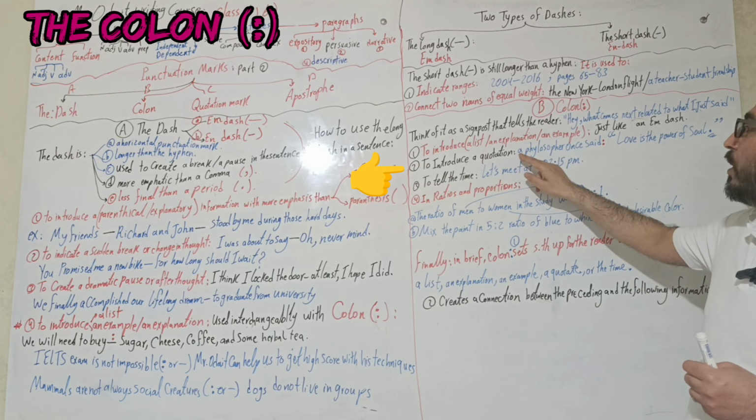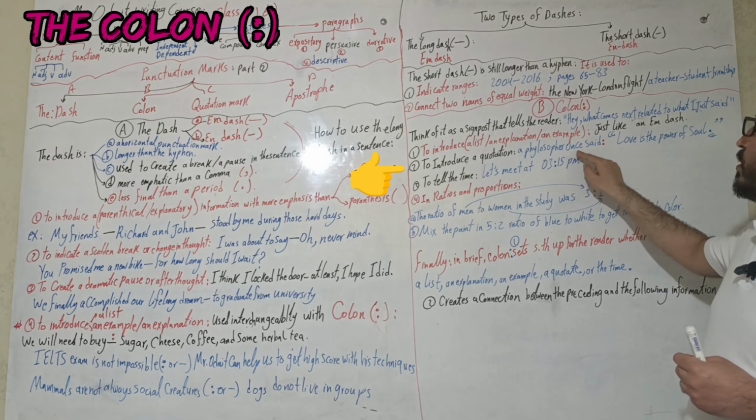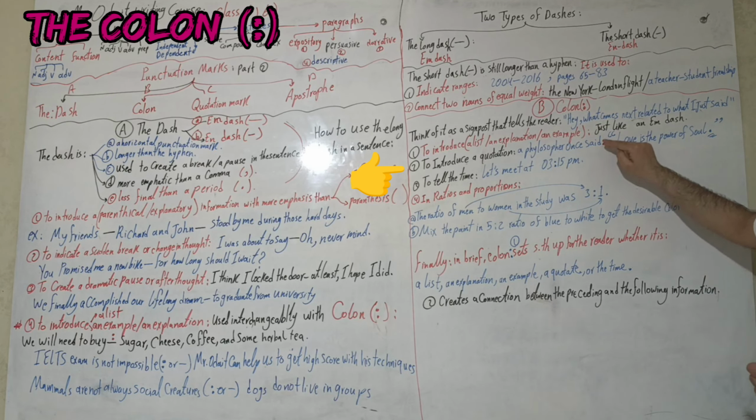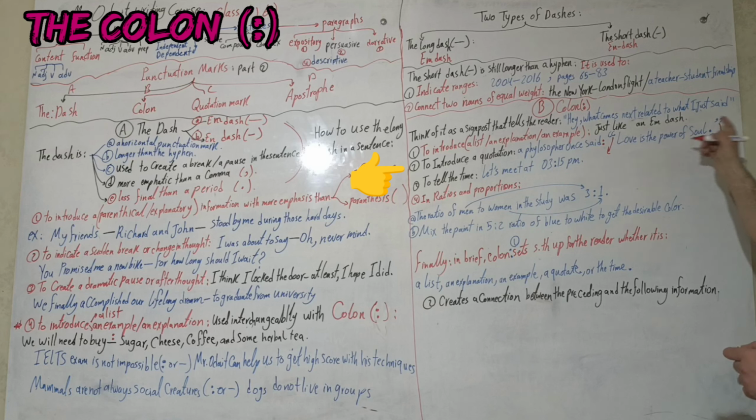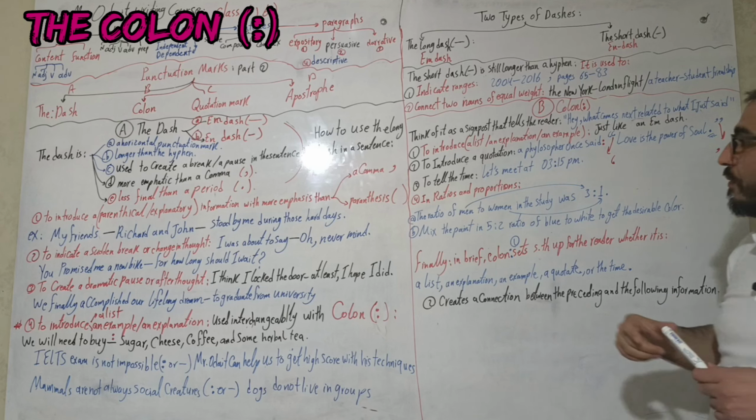Let's take this example: a philosopher once said, and I use the colon then, "Love is the power of soul." Again, my friends, I would like to remind you of quotation marks. Those are the American ones. You can use the British ones, but in case you use the British ones, you would have to put the period outside of the quotation marks.